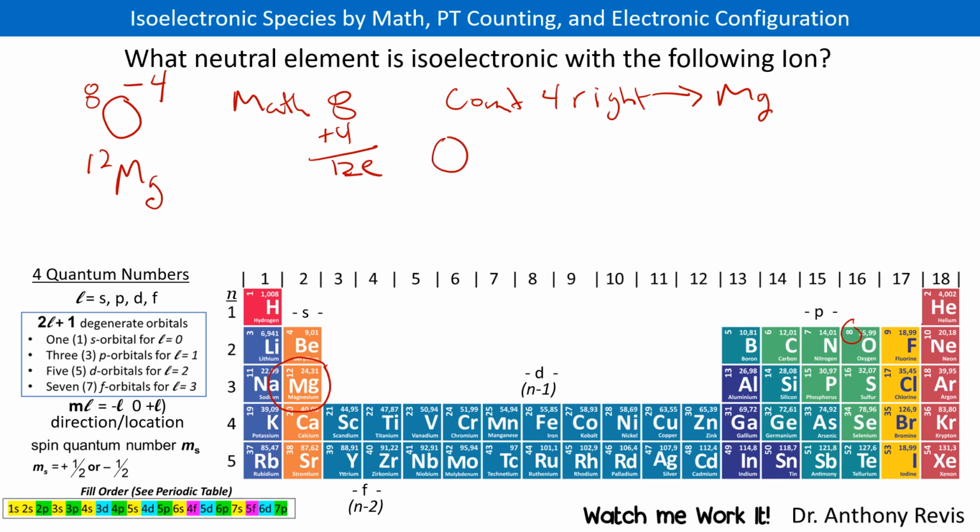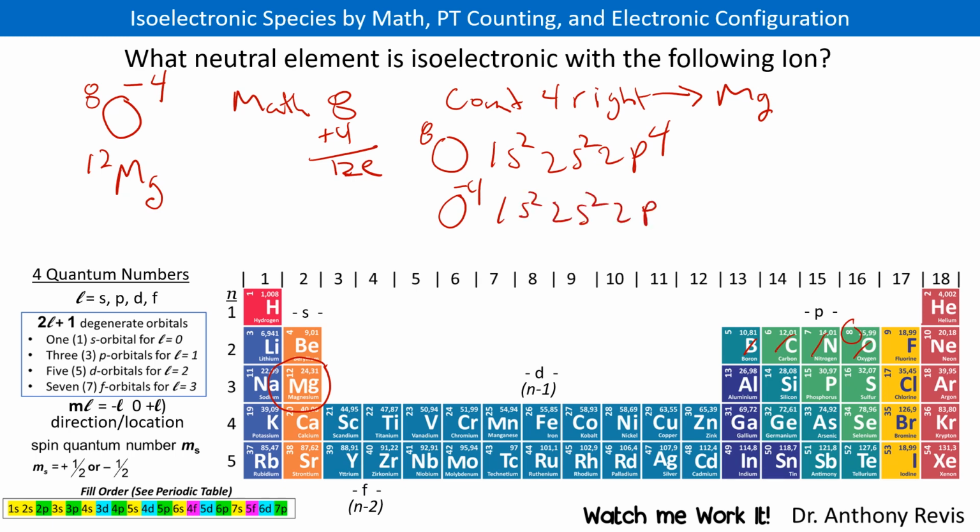We have oxygen: 1s2, 2s2, and 2p, 1, 2, 3, 4. P4. That looks right, 8 electrons. So if we do oxygen -4, it's 1s2, 2s2, 2p.